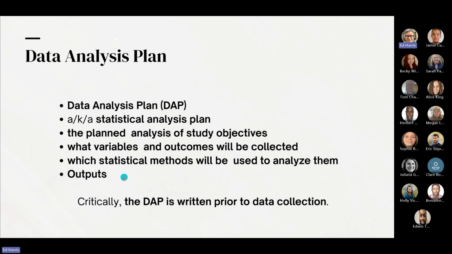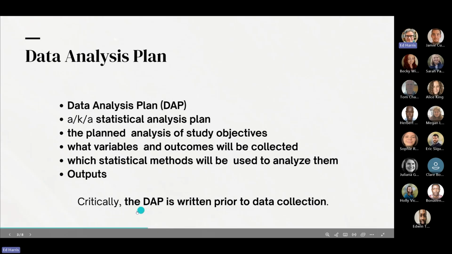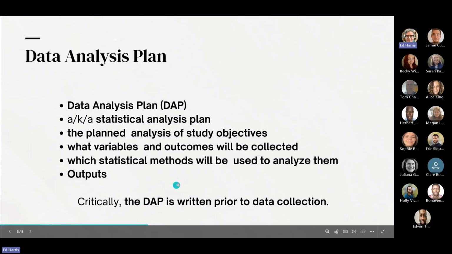And then an outline of the outputs. The primary focus today is going to be on statistical outputs, but it could be other outputs too. And the most important part is that the data analysis plan is written prior to data collection.